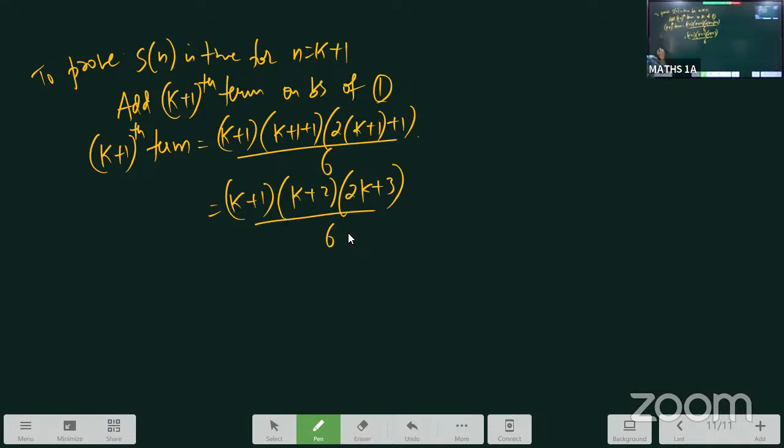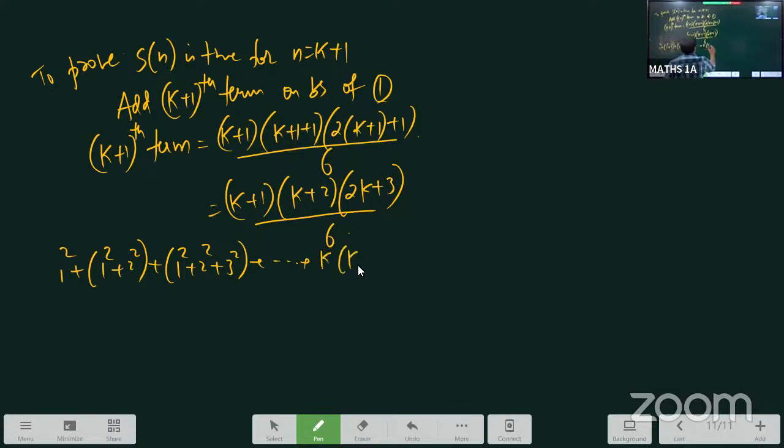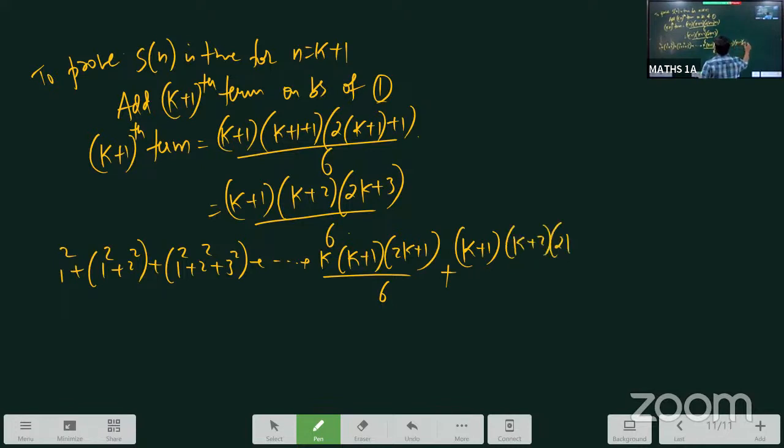Let us add, that is 1 square plus 2 square plus 3 square plus so on plus k into k plus 1 2k plus 1 by 6 plus, now add this, that is k plus 1 k plus 2 2k plus 3 by 6.